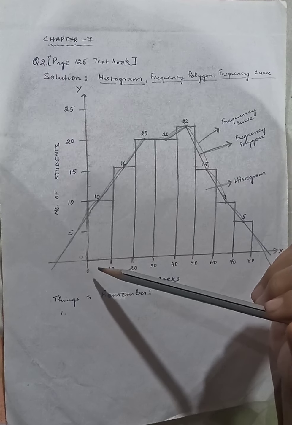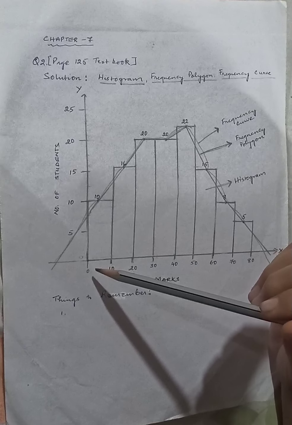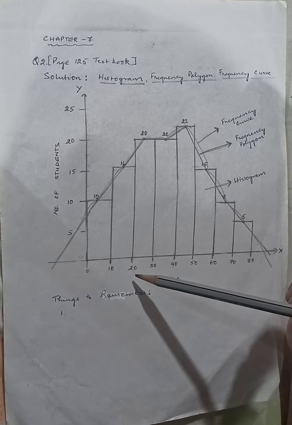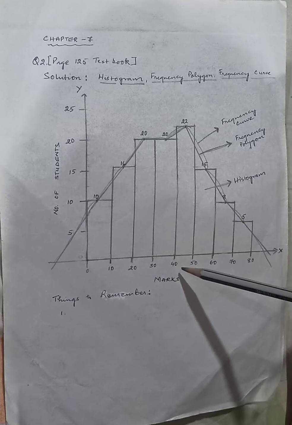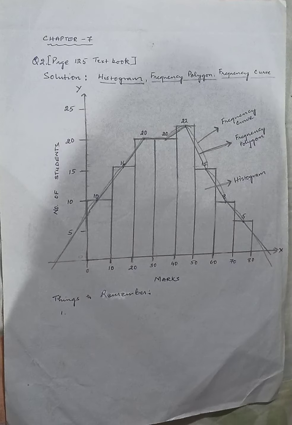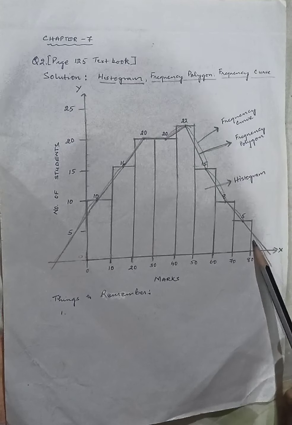So here in the question, class intervals start from 0 to 10, 10 to 20, 20 to 30, 30 to 40, 40 to 50, 50 to 60, 60 to 70, and 70 to 80.